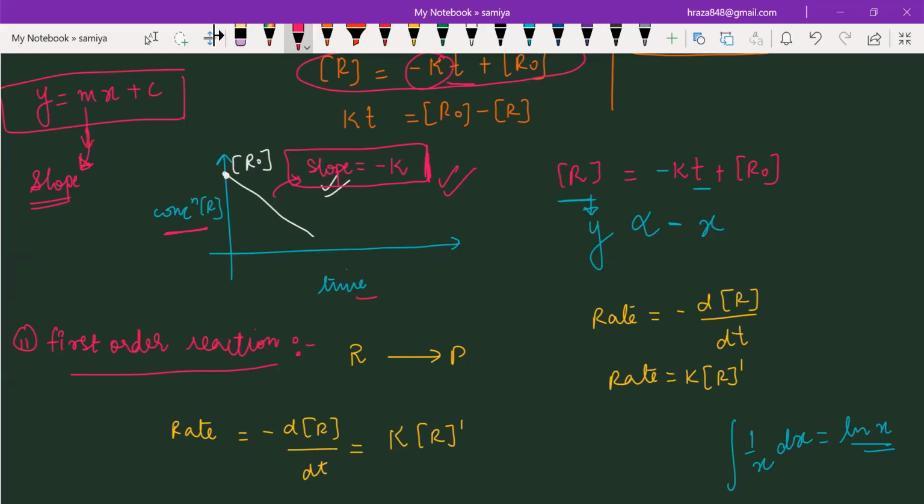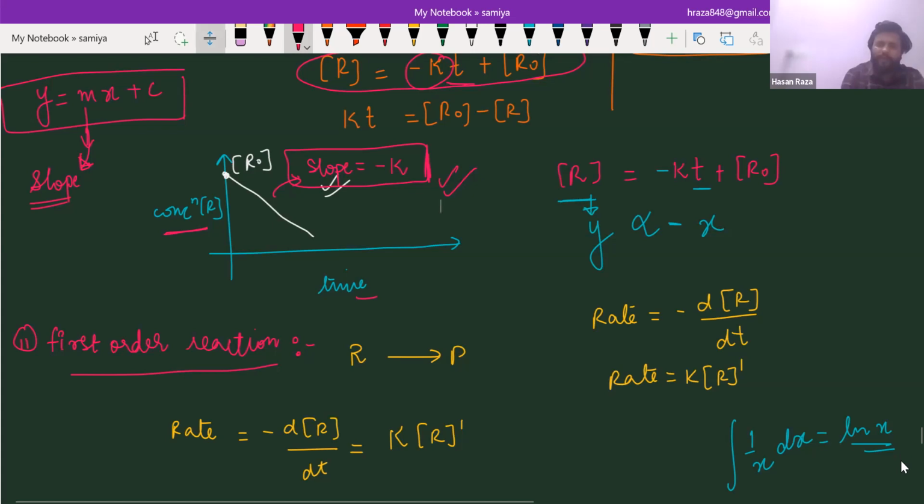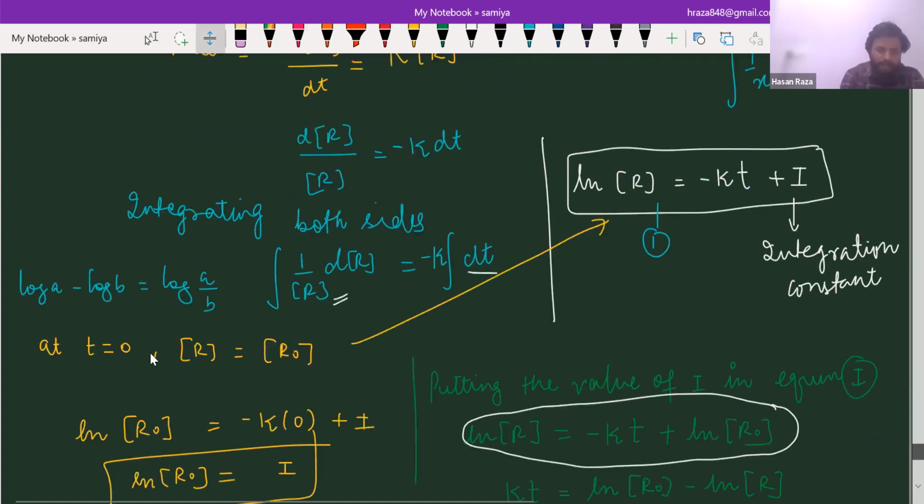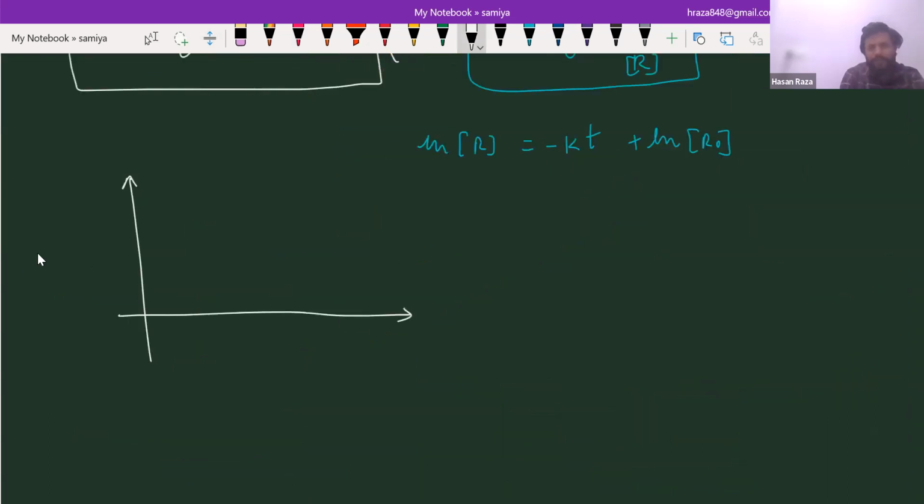Now moving to the graph that we are going to plot. The graph is again between the same concentration, that means reactant, versus time t. This is ln R basically, on the y-axis, and this is on the x-axis, and you can see this is negative.